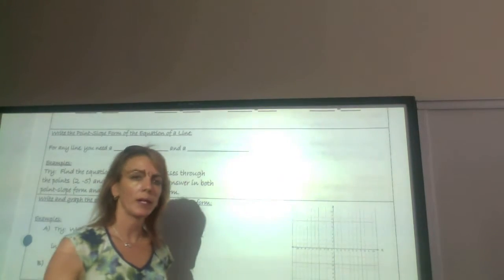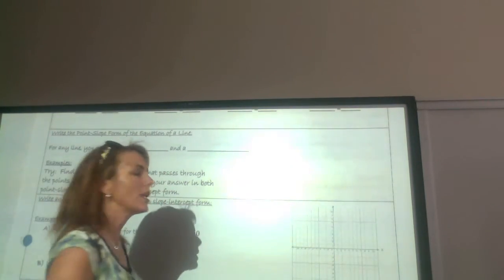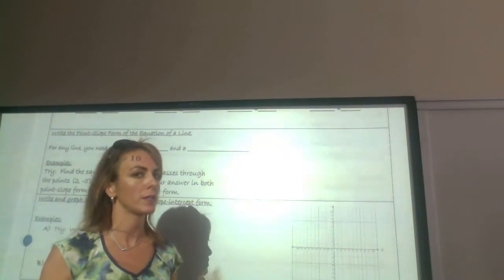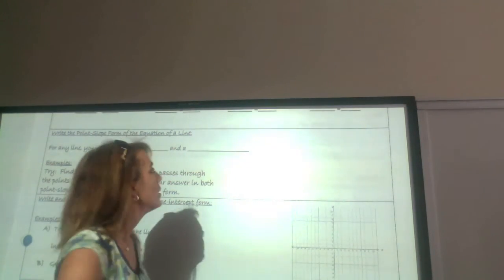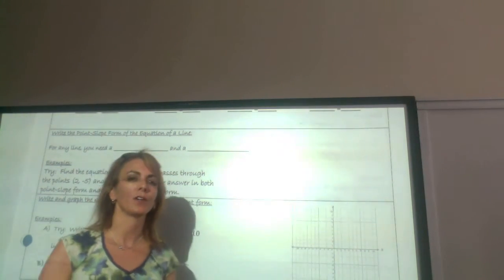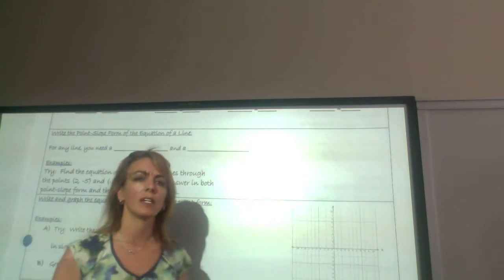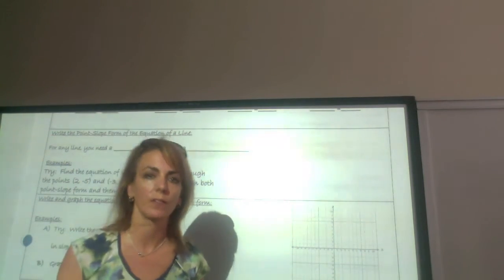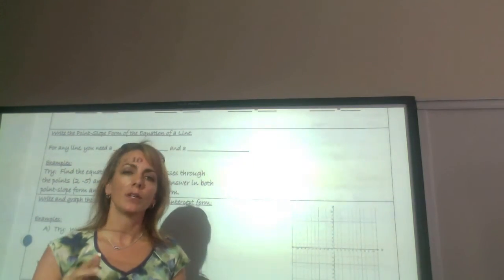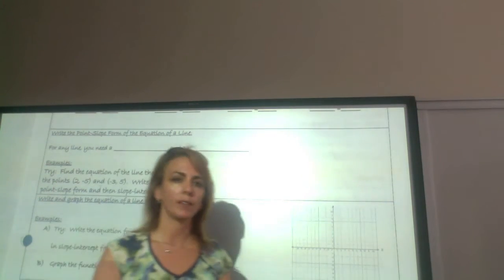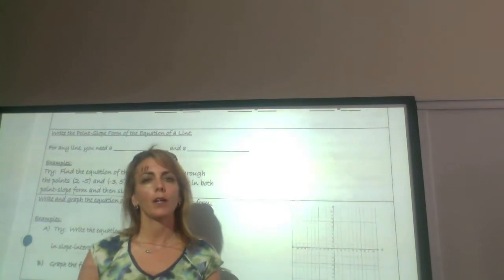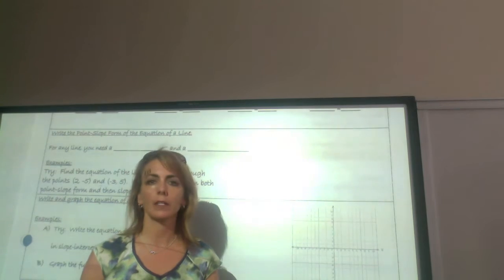Okay, so we're going to pick it up with a couple of examples of what you can do with lines. And there's so many things we can do. One of the things that you're going to be asked to do is give the equation of a line if you've been given 2 points. So anytime you are asked to find the equation of a line, you're going to need 2 things. Definitely need slope.